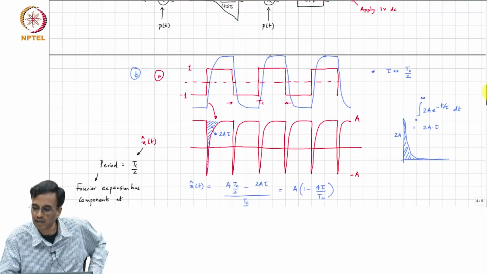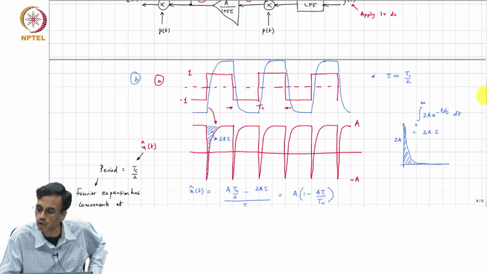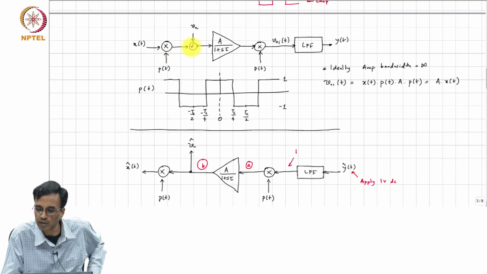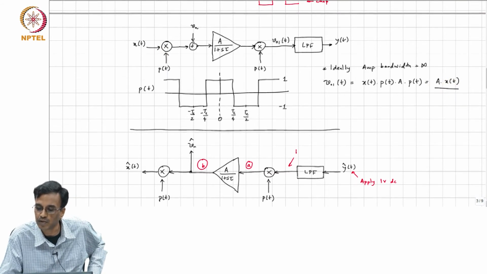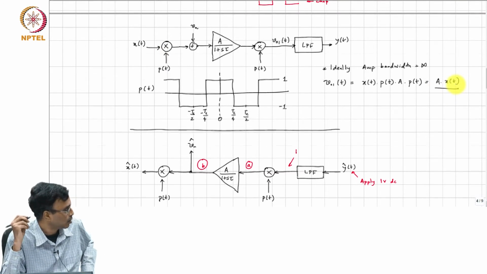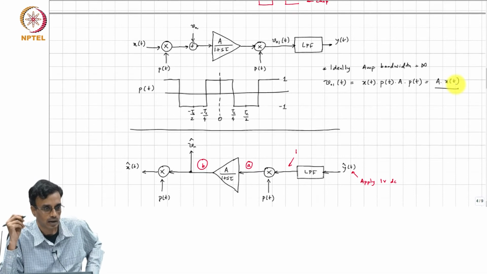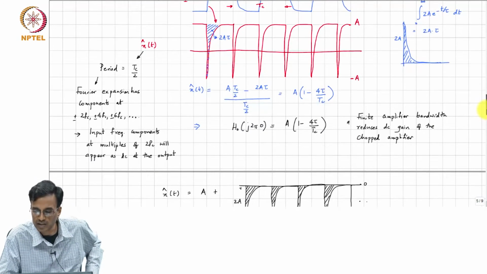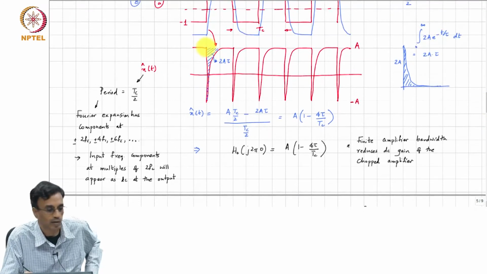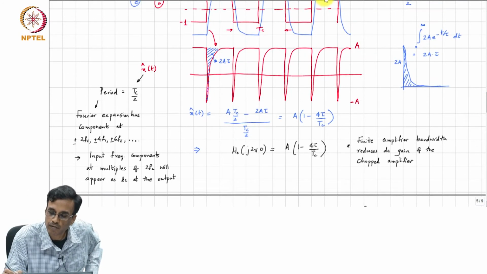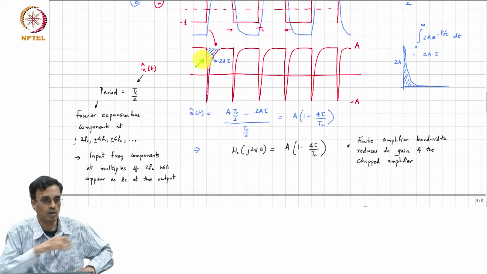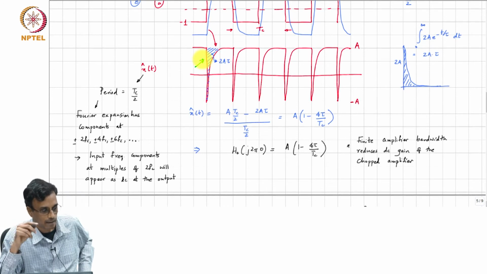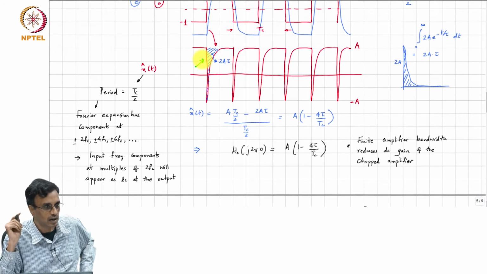Yeah. So, as tau becomes 0, remember that the output is simply a times x of t, right, because p square of t is 1. You can see that from this diagram too. As tau becomes 0, this waveform will simply become a constant a. There will be none of that exponential tail, right.